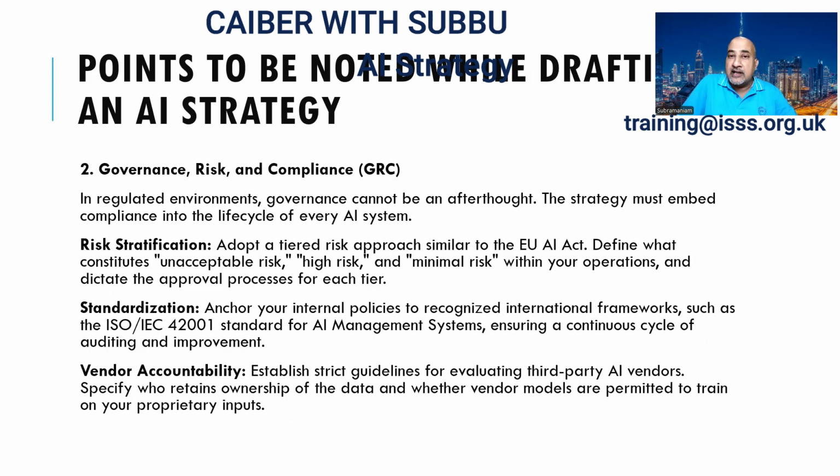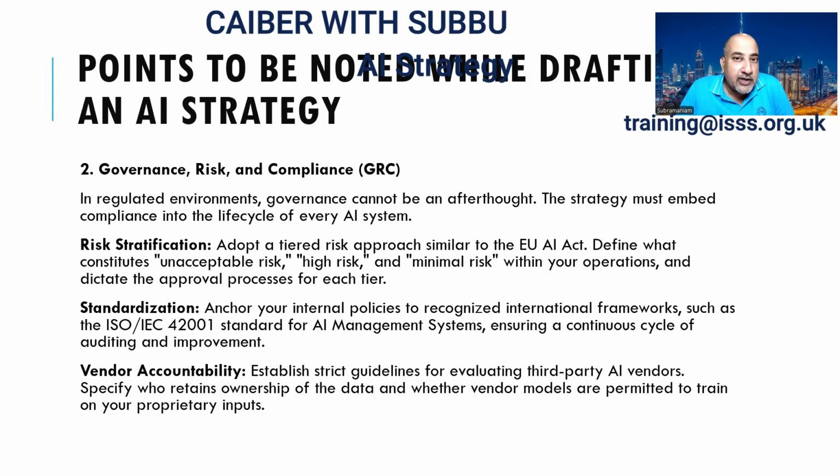Governance, risk and compliance: risk stratification. Calculate or divide the risk into unacceptable risk, high risk, limited risk and minimal risk, the levels of risk in the European Union AI Act. The UK AI Act is waiting to be released, and most probably most countries will follow, because once GDPR kicked off in 2018, many other countries started following it.